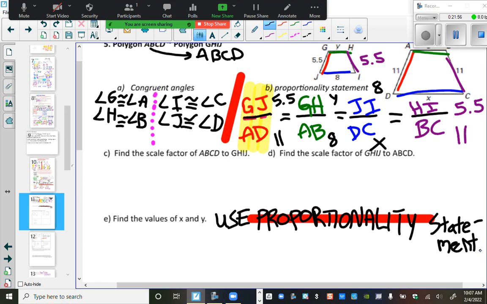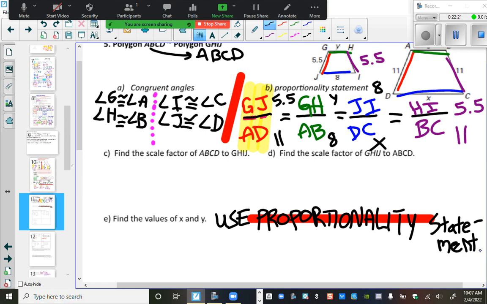Okay. We can use our proportionality statement to get x and y. We'll do that real quick, and then we're going to go back to the scale factor. Now, is it necessary we have to find x and y in order? You don't have to.